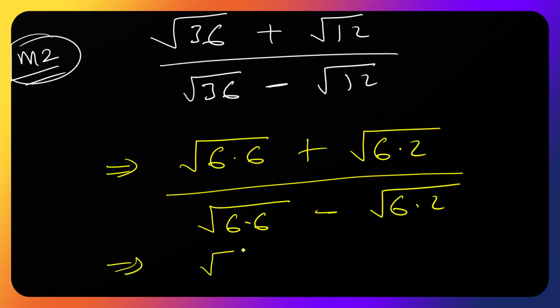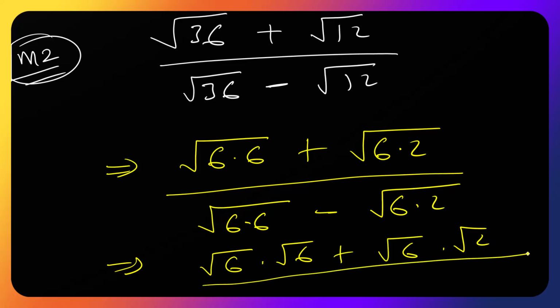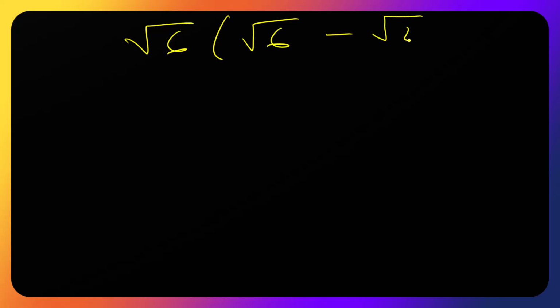So I have square root of 6 times square root of 6 plus square root of 6 times square root of 2 on square root of 6 times square root of 6 minus square root of 6 times square root of 2. So we have this one in common here. So the numerator will be square root of 6 bracket square root of 6 plus square root of 2. Let's check it again.